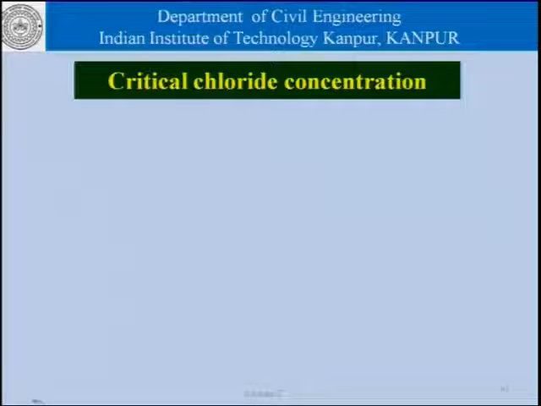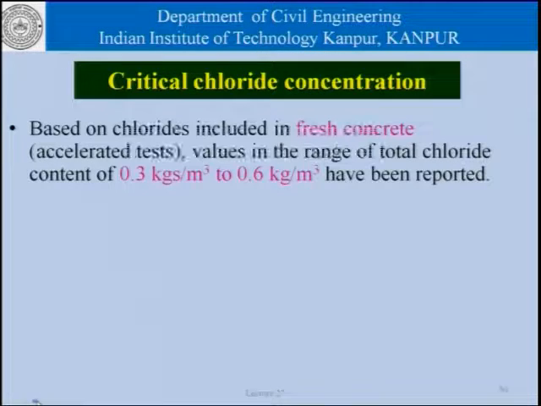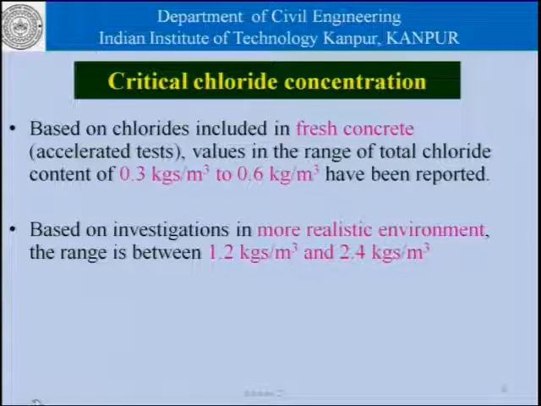Now, coming to another parameter, which is the critical chloride concentration that causes the onset of reinforcement corrosion. Based on tests including fresh concrete, accelerated tests and so on, values in the range of total chloride content of 0.3 to 0.6 kgs per cubic meter have been reported.